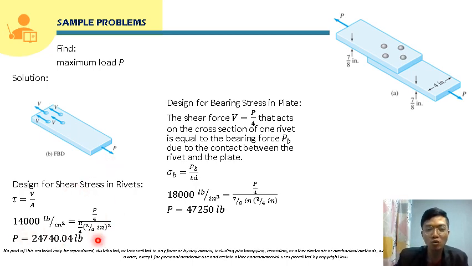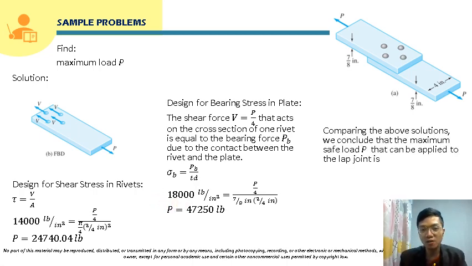And if you use this P for the bearing stress in the plate, the value here is less than the other P, meaning the bearing stress will also be less than allowable, so it will not exceed the allowable stress. So that will be okay, we will use that.